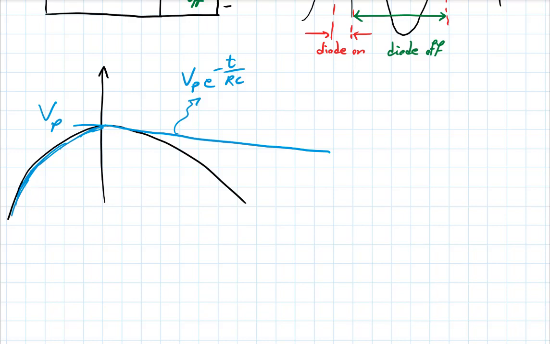Also, I think you would agree that the case I've shown here is quite exaggerated, right? This represents a very slow decay. So this corresponds to a very large time constant, RC, compared to the period of the signal, right? What if I had a small RC? So maybe this wasn't a very well-designed filter, so the RC drop was fast.